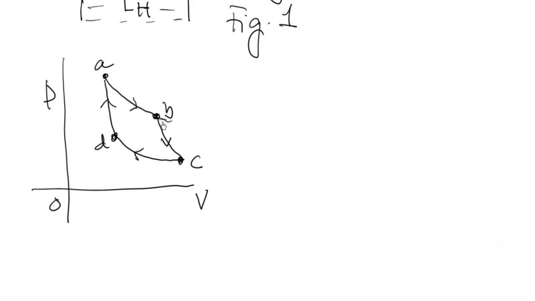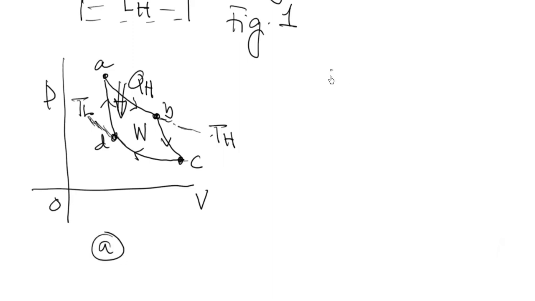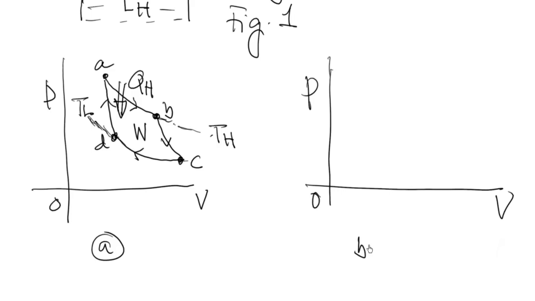This AB is an isotherm at temperature TH, and this one, CD, is another isotherm at temperature TL. This is A, this is B.